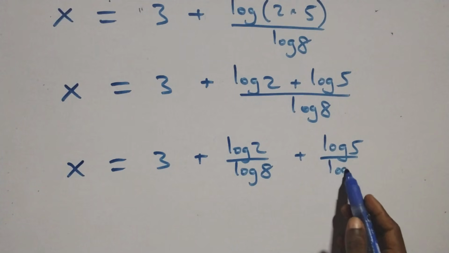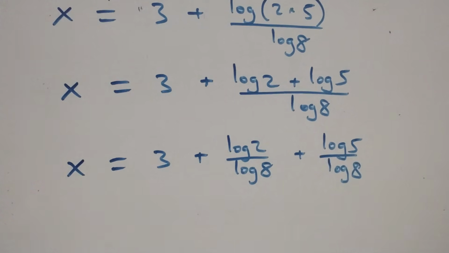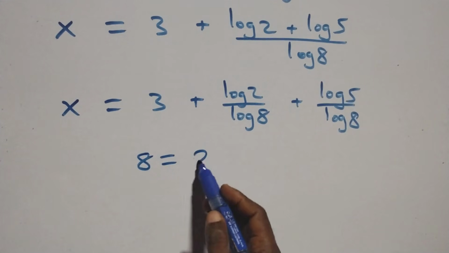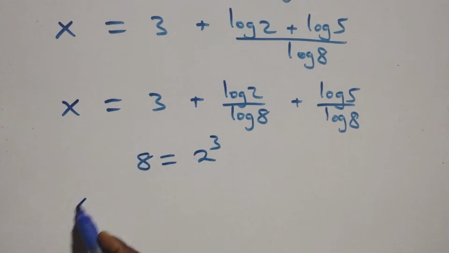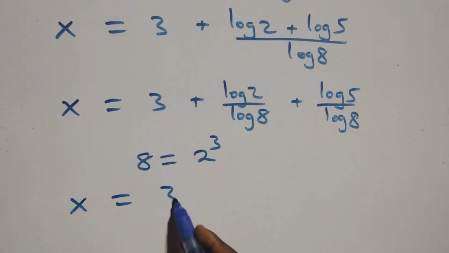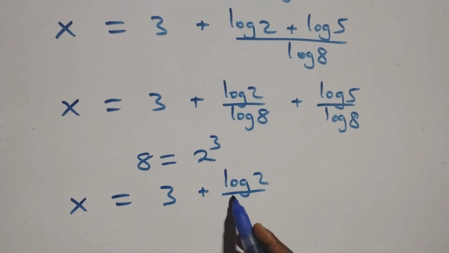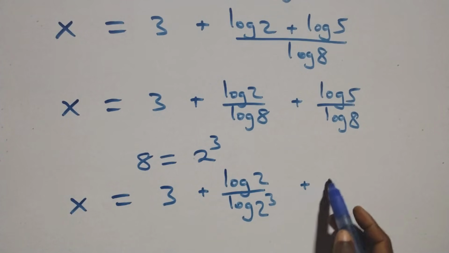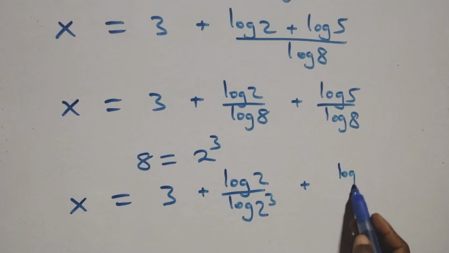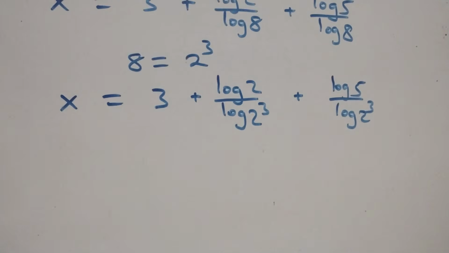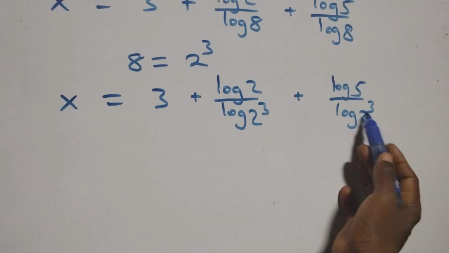And also here, 8 can be expressed as 2 times 2 times 2, which is 2 raised to power 3. And we have x equals 3 plus log 2 over log 2 raised to power 3 plus log 5 over log 2 raised to power 3. Then we apply the power law of logarithm here. 3 comes here and also here.